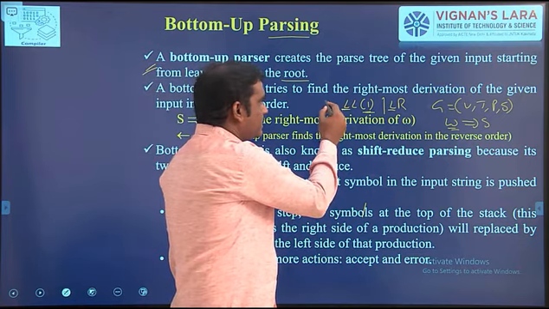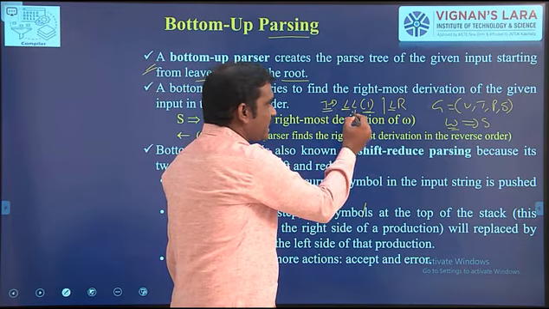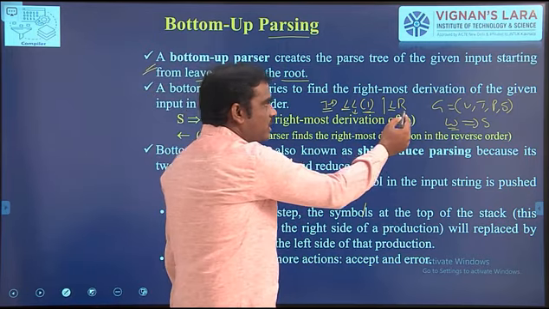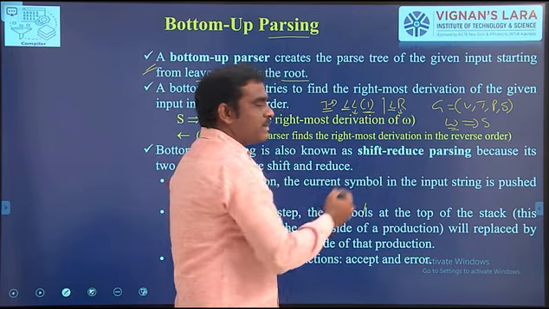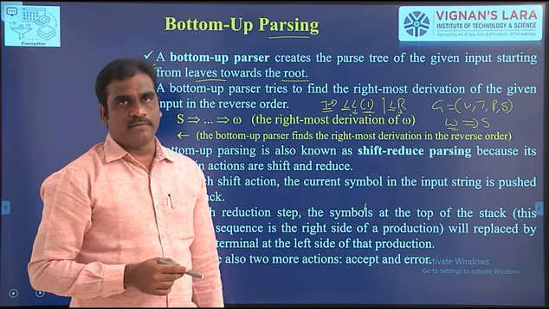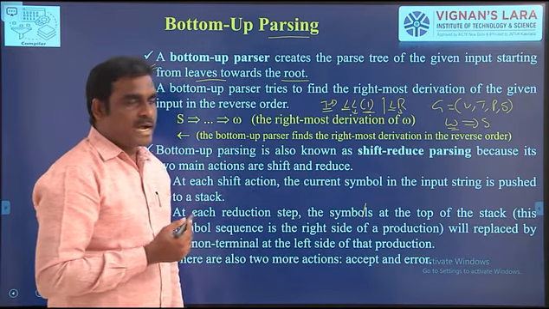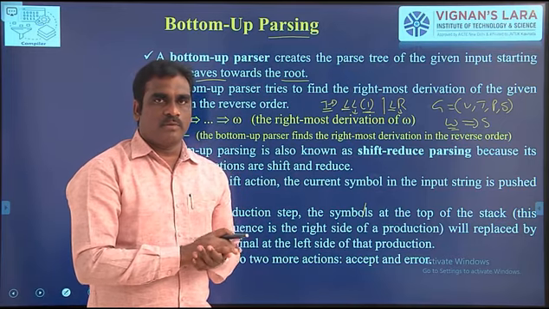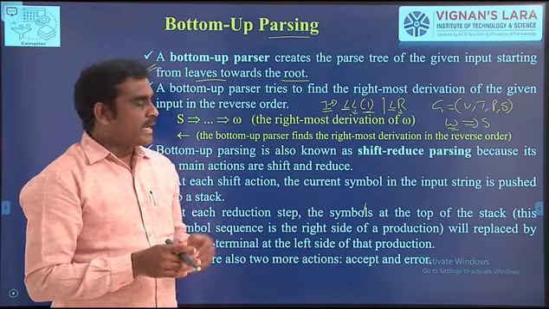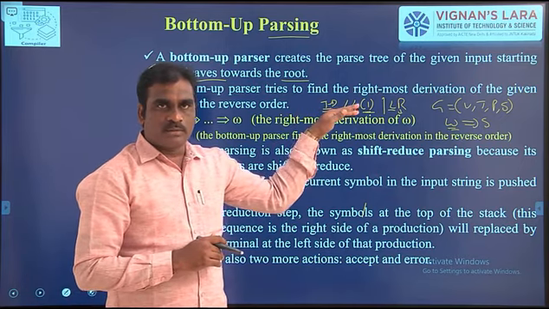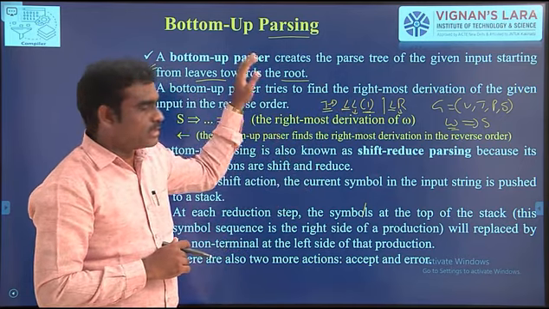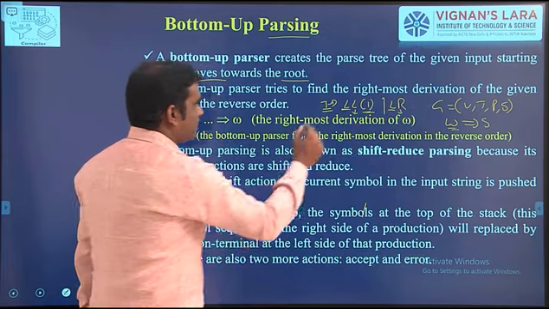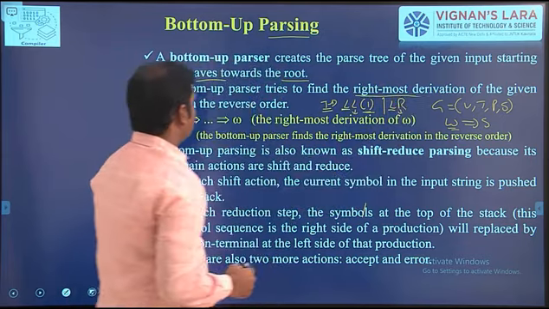Whereas in top-down parser, the second L represents leftmost derivation. Whereas in bottom-up parser, the second symbol R represents rightmost derivation. In context-free grammar, we have two types of derivations, leftmost and rightmost. In top-down parser we use leftmost derivation, whereas in bottom-up parser we use rightmost derivation.